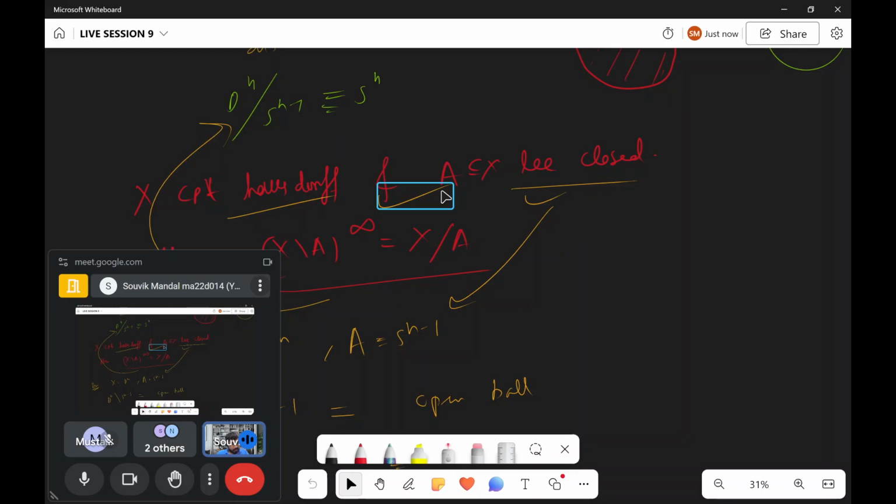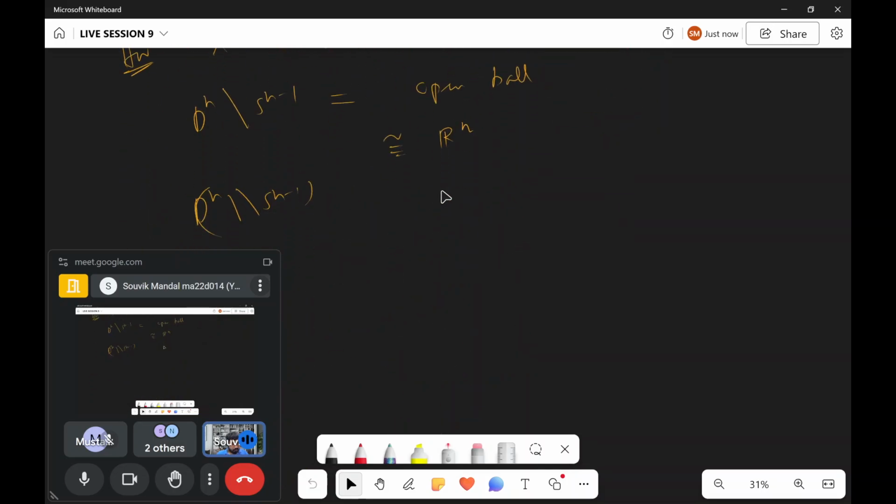So the one-point compactification of the disk minus S^(n-1) is equal to the one-point compactification of Rn, and this is Sn. So this tells us that Dn divided by S^(n-1) is equal to Sn. So this is the argument.